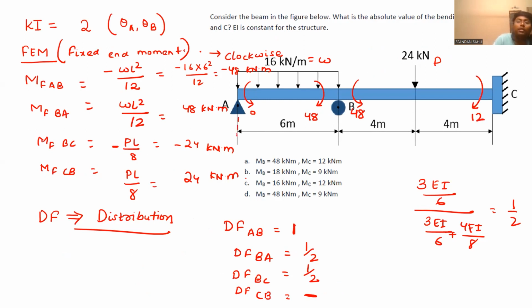So if someone wants you to draw the bending moment diagram and shear force diagram, we are done with this question. We got 48 for B and 12 for C, so option A is correct. But I need you to draw the bending moment diagram also. So tell me how to draw.